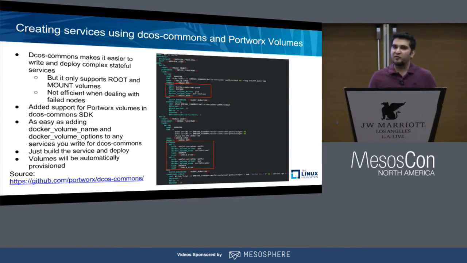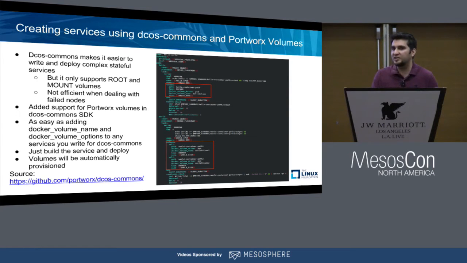So this is an example of how you can use the updated DCOS Commons framework to use Portworx volumes. DCOS Commons makes it very simple to start stateful services, but it only has support for root and mount volumes, which is not very efficient when you're dealing with failures, which will happen in large clusters. So what we've done is add support for Portworx volumes in the SDK.